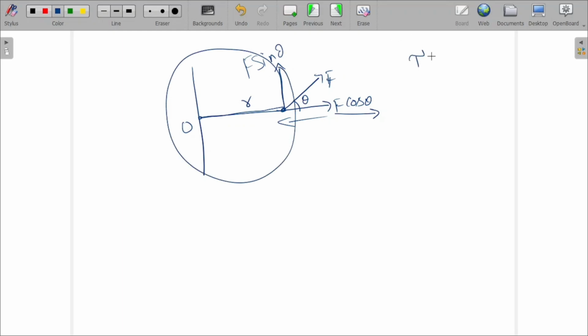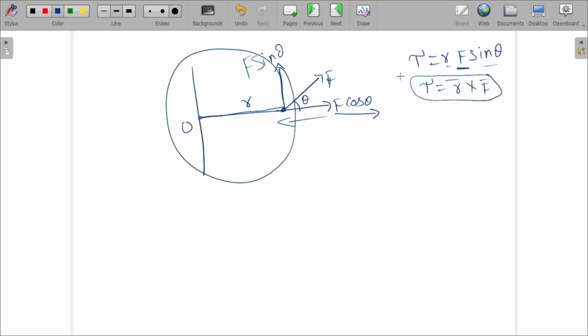Based on that, simply torque equals Rf sine theta. According to the vector product, AB sine theta is written as A bar cross B bar, so it will be R bar cross F bar. This is simple.